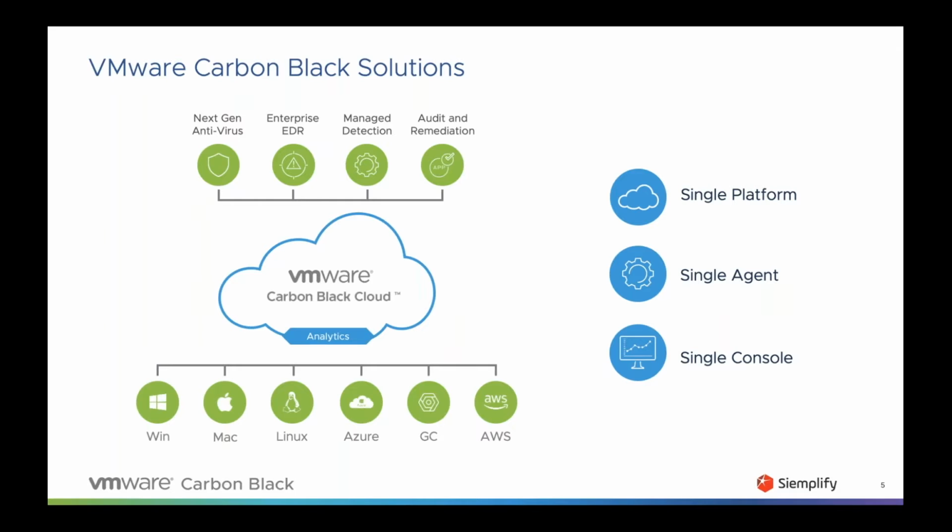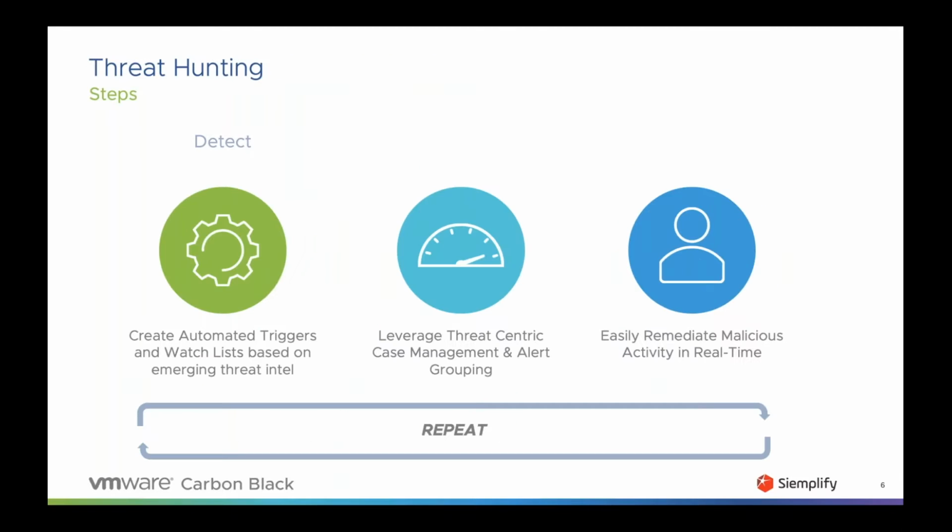And we support the devices. We're focused on the endpoint, the devices being Windows, Mac, and Linux, deployable to Microsoft Azure, Google Cloud, Amazon AWS. And again, it's one platform for all interactions.